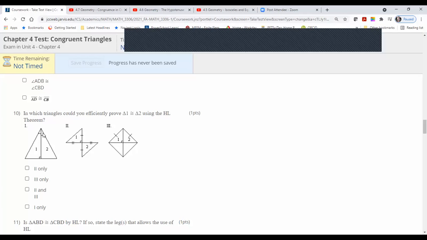Because this one is equivalent and then this is 90 degrees. And then this one, the legs are the same. Yeah, I think it should be 1 and 3, I think, right? Okay. Let me check it. Okay.